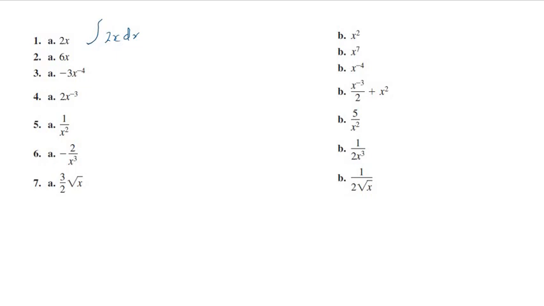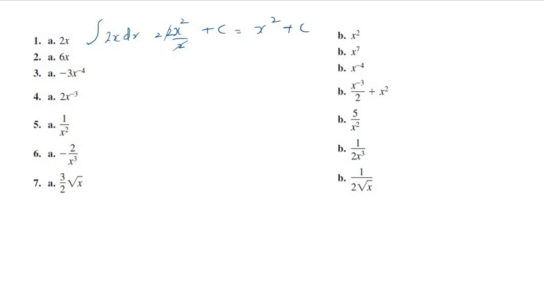So integral of 2x would be, so we add 1 to the power of x. So we have x squared over 2 and we have this 2 here plus c. So it is really equal to x squared plus c.